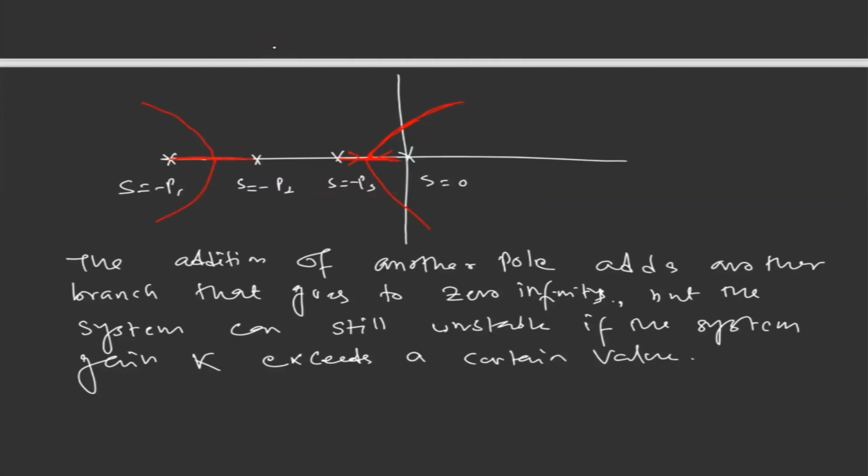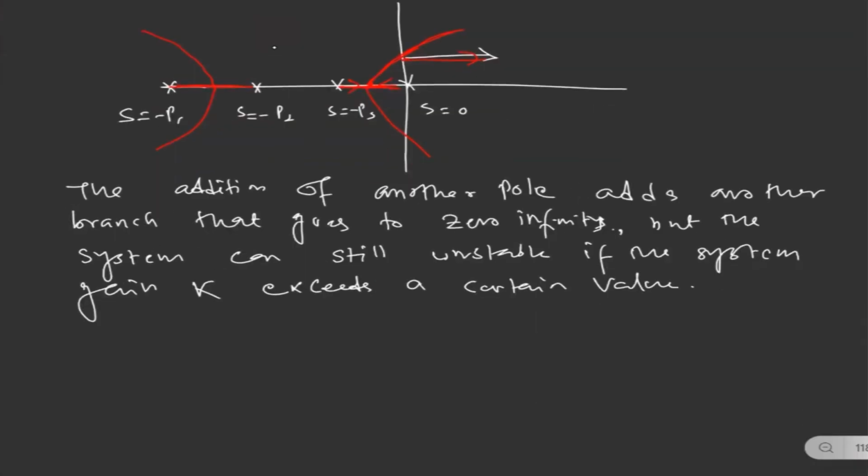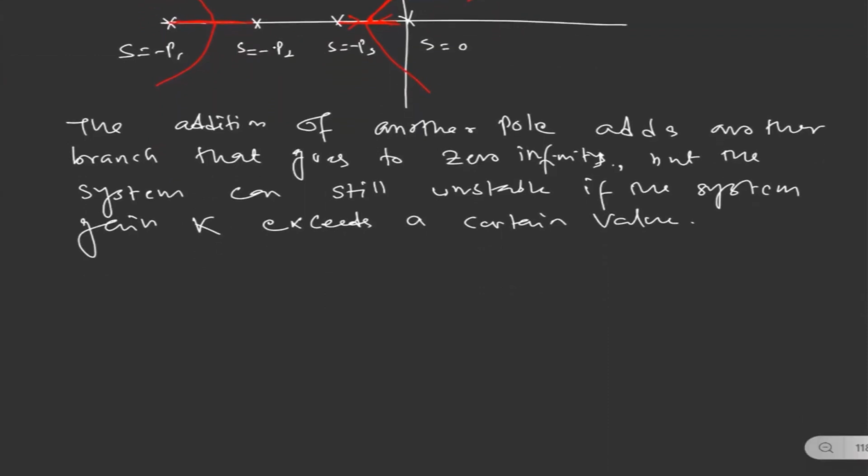So in this case, again, the system will be unstable if you increase K after this part, after the imaginary axis. So in this case also, there are limits on K for which the system will be stable. Now let's look at how we can get the root locus plot for the addition of a zero.